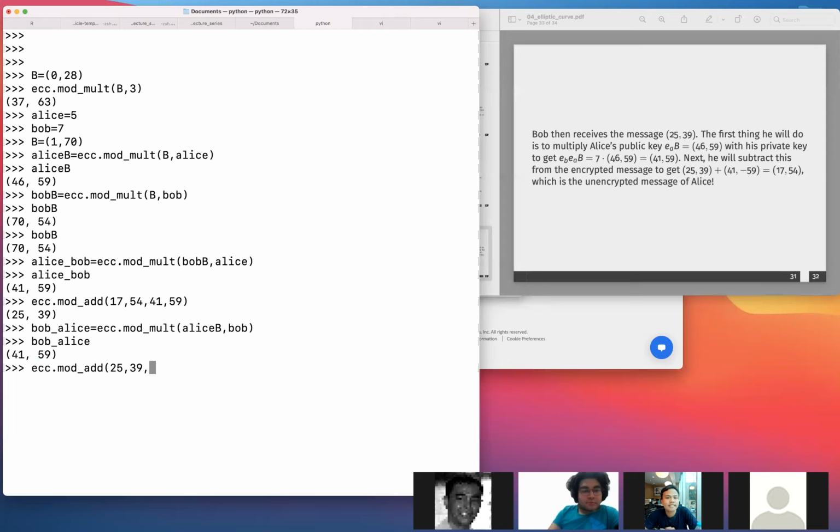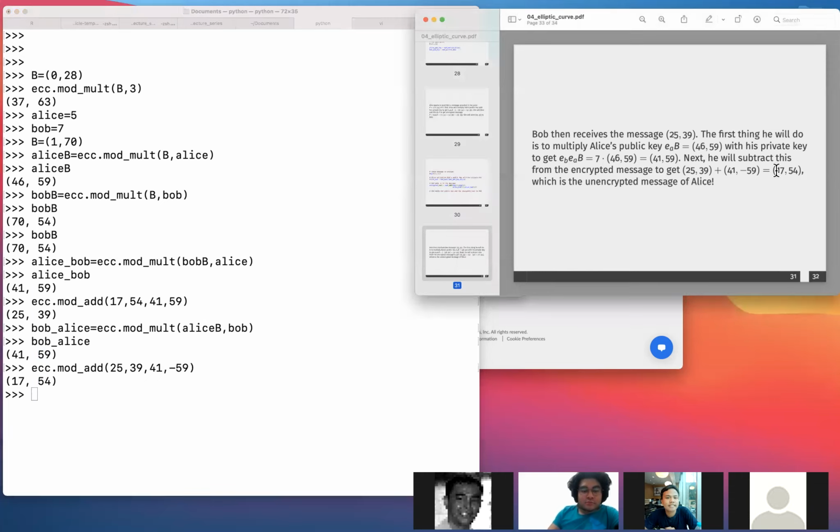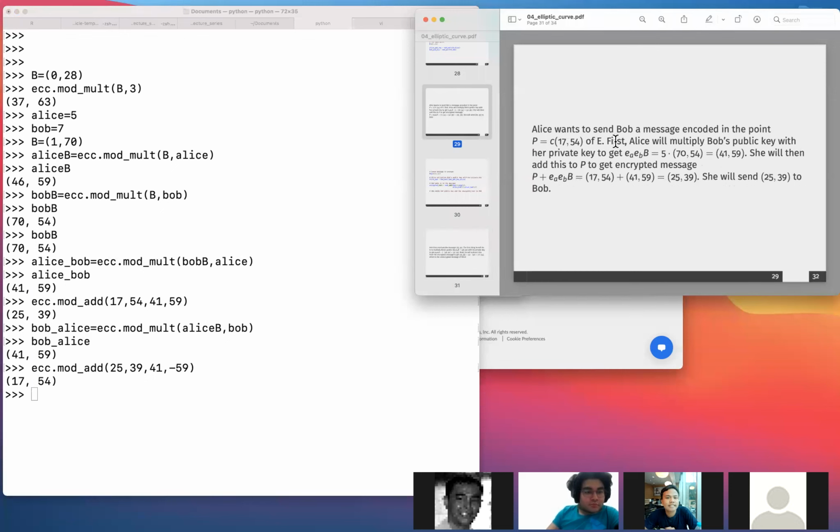But since this is subtraction, we are going to use the mirror image. So we have 41, comma, minus 59. So we get 1754. As you can see, guys, this is the message that Alice sent. Okay, 1754.